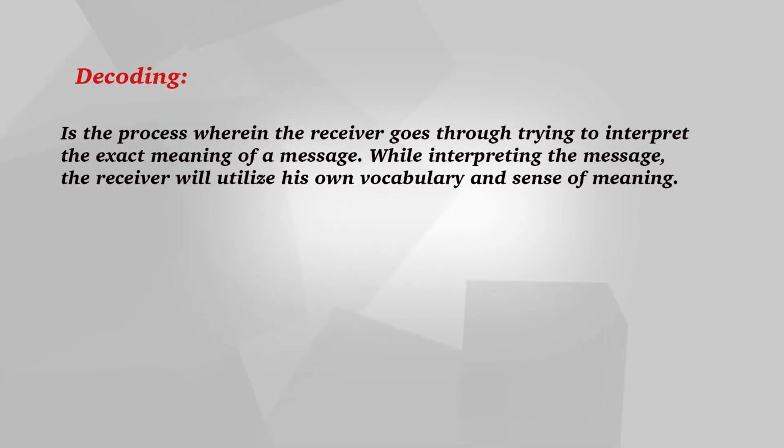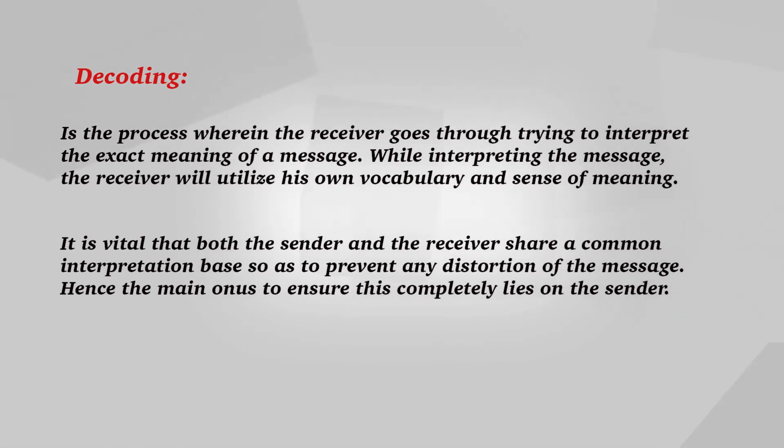Now, the next element is decoding. Decoding is the process wherein the receiver tries to interpret the exact meaning of a message. While interpreting the message, the receiver will utilize his own vocabulary and sense of meaning. So, it is vital that both the sender and the receiver share a common interpretation base so as to prevent any kind of distortion of the message.